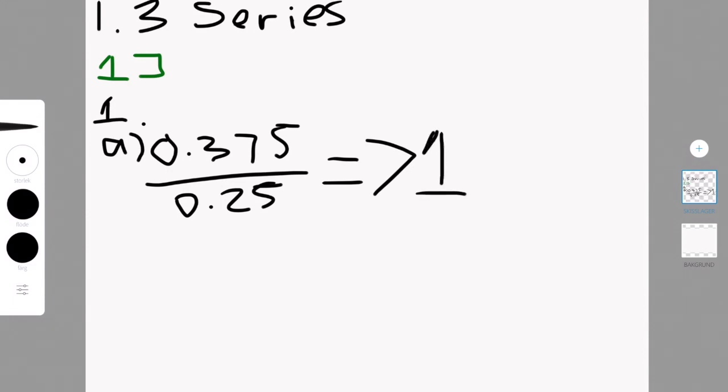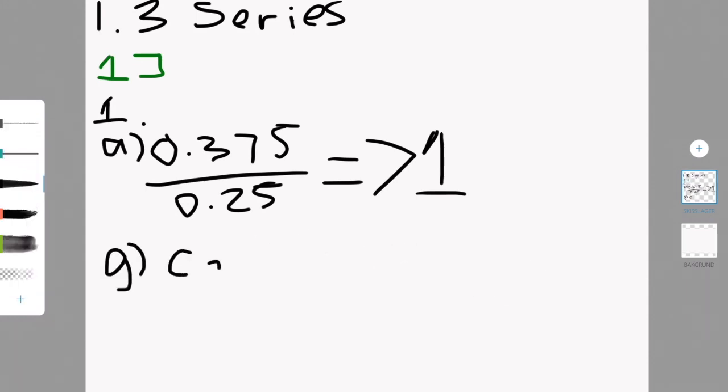If the common ratio is bigger than 1, then it is diverging, which is the case for this specific question. Now for G, we use the same process by taking the second term and dividing it by the first term, and we will find out that it is converging.